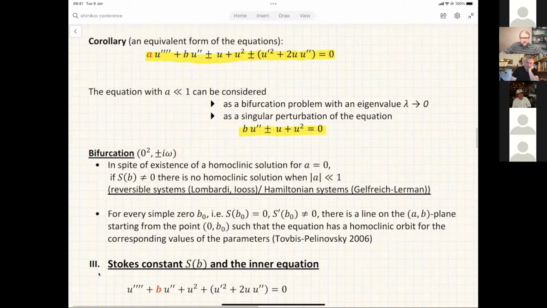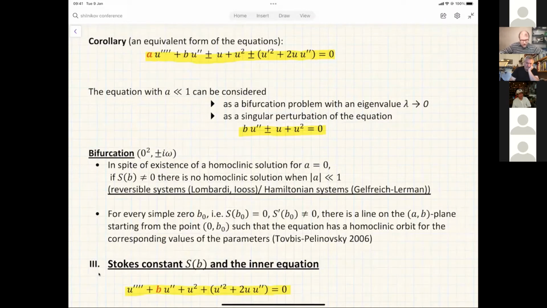It comes from the equation which is obtained for A equal to 0. It is an equation of the fourth order, which is reversible, which is Hamiltonian. It has 2 degrees of freedom, so it's very likely to be non-integrable.